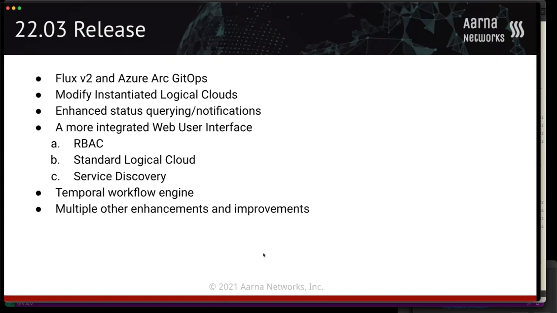Based on specific use cases, users can write workflows and orchestrate and manage them through the AMCO platform. Along with this, there are other enhancements, improvements and bug fixes, one of them in the generic action controller, for example. So this is about the enhancements and features in the 2203 release.